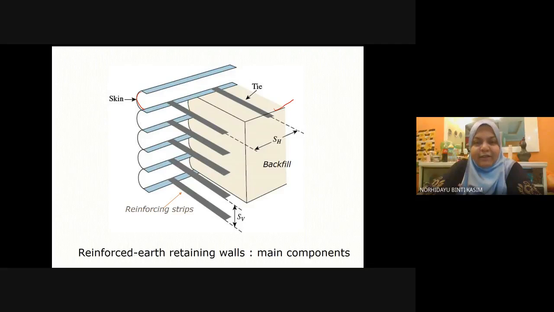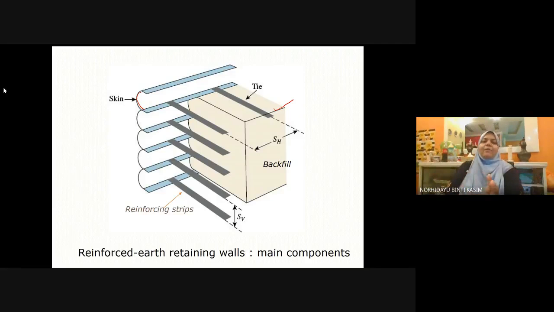Then we have a tie, the reinforcing strip. SH is the horizontal spacing between the reinforcing strips, and SV is the vertical spacing between the metal strips.